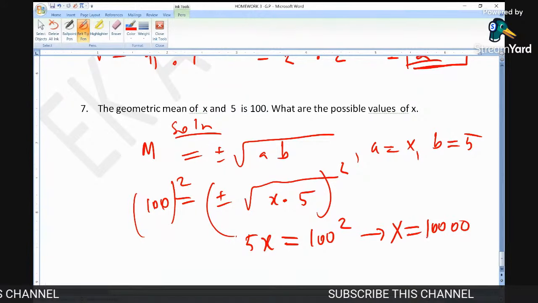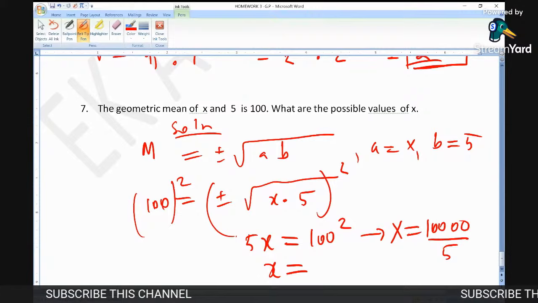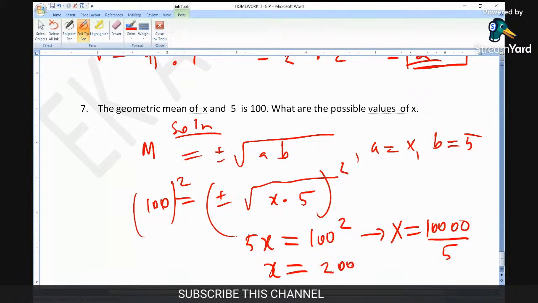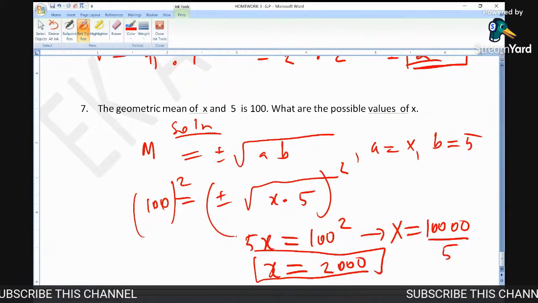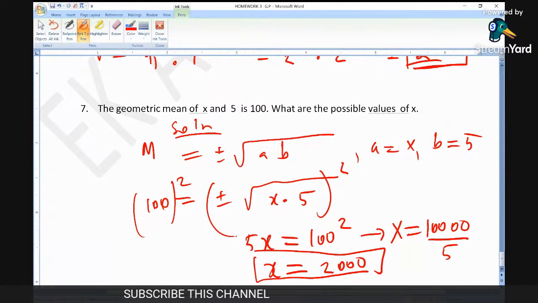You add two zeros, so you get 10,000 divided by 5. The value of x, of course, is how much? The value of x is 2,000. That is the value of x which will make the geometric mean, when combined with another number 5, to be 100.